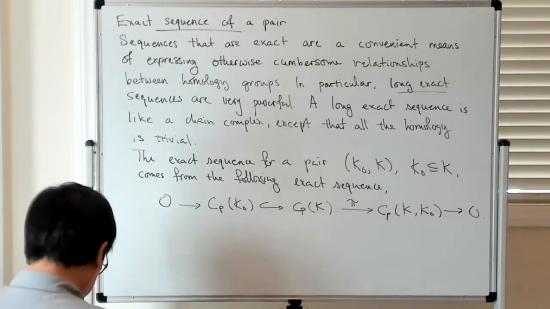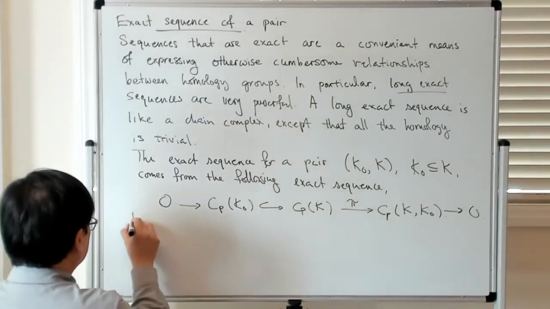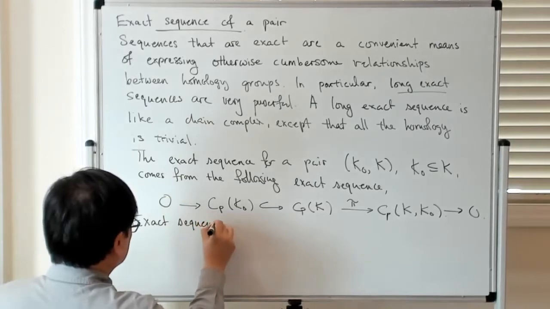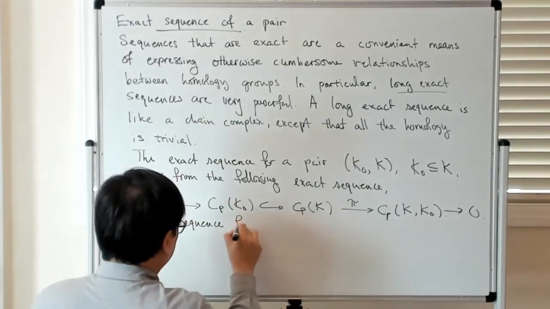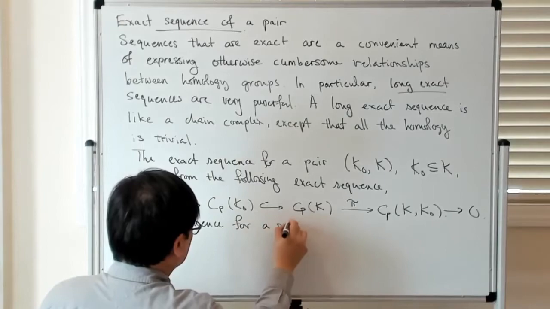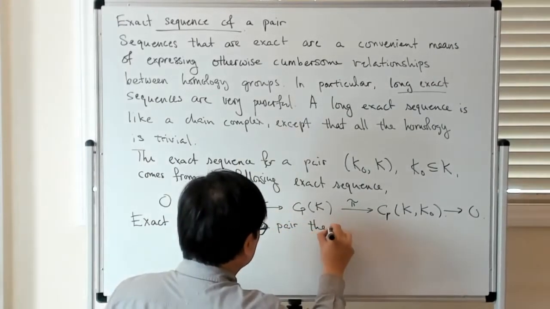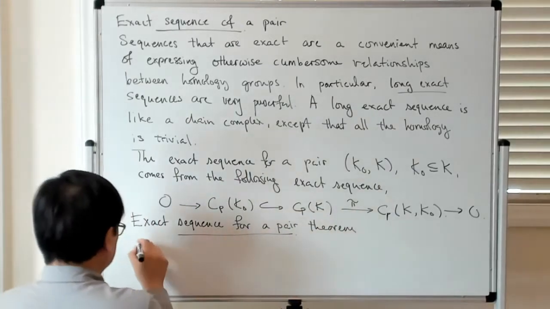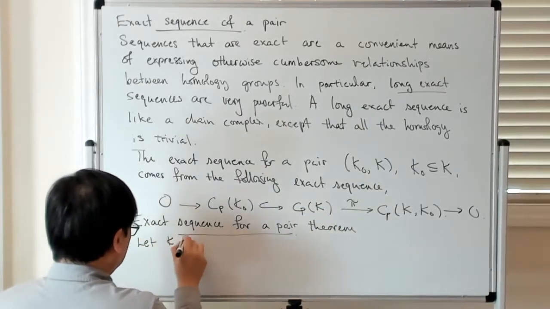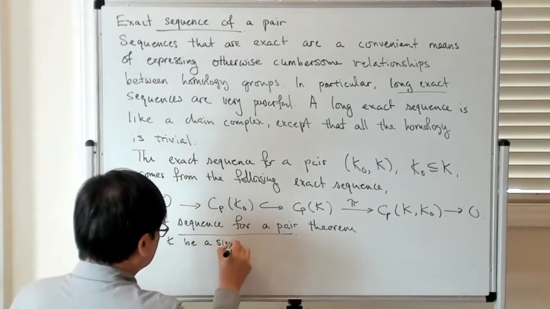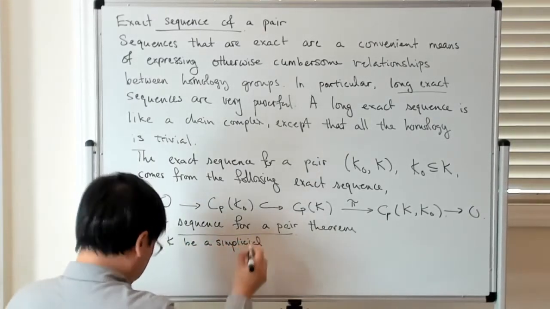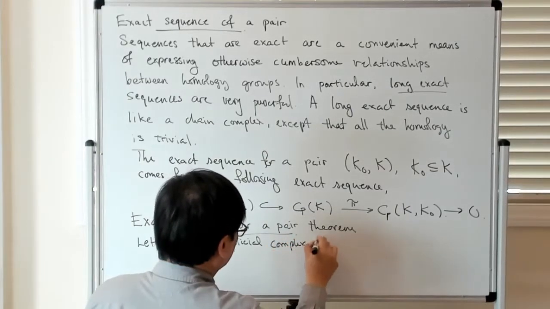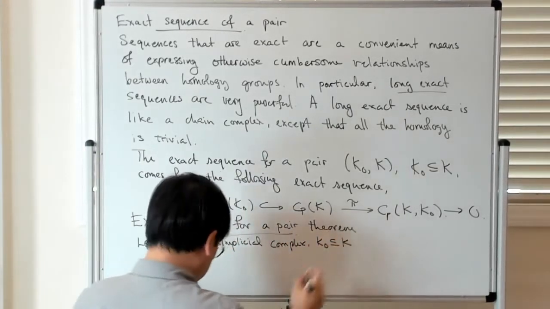So the exact sequence for a pair theorem is as follows. Let K be a simplicial complex and K0 a subcomplex.